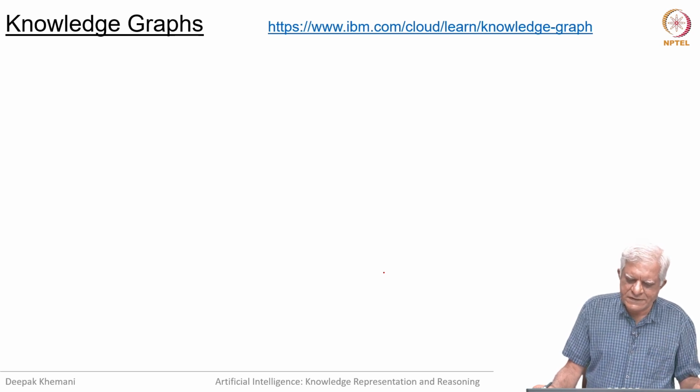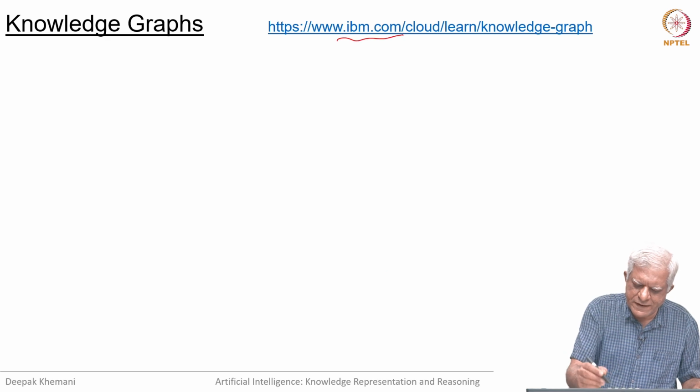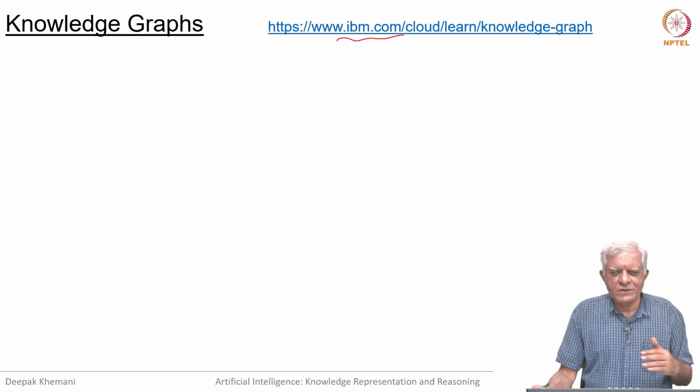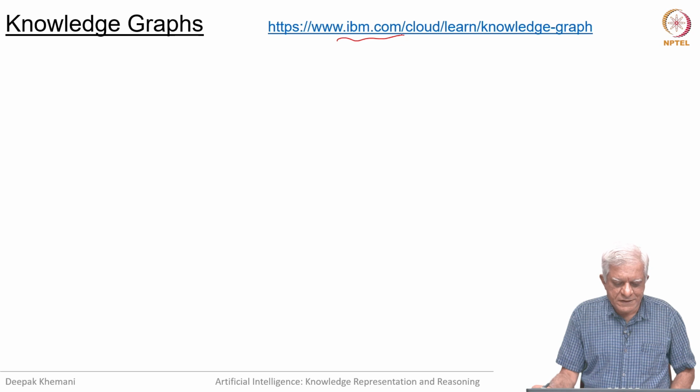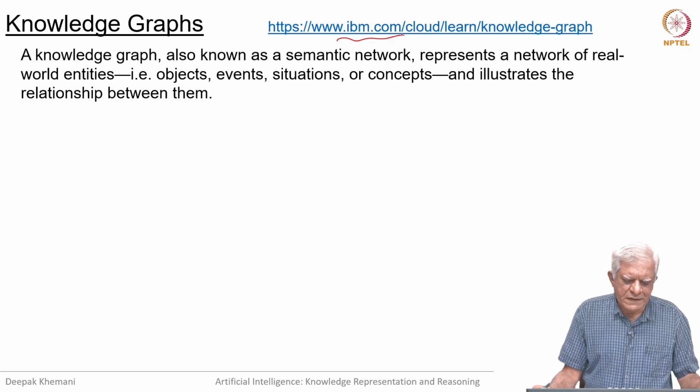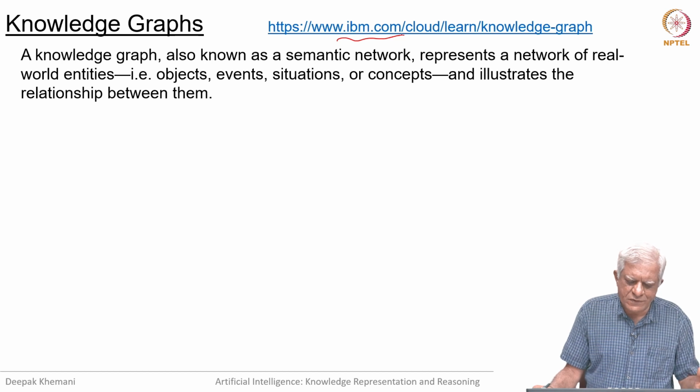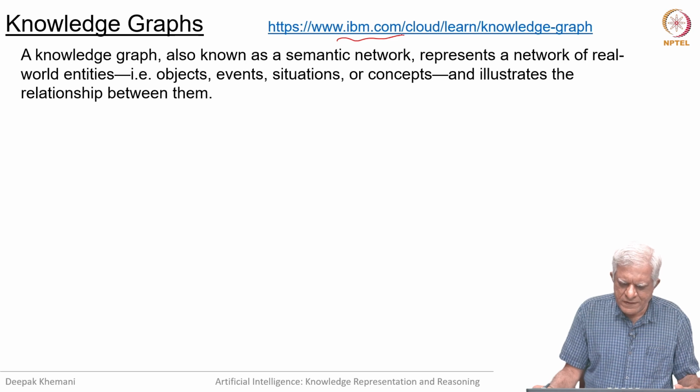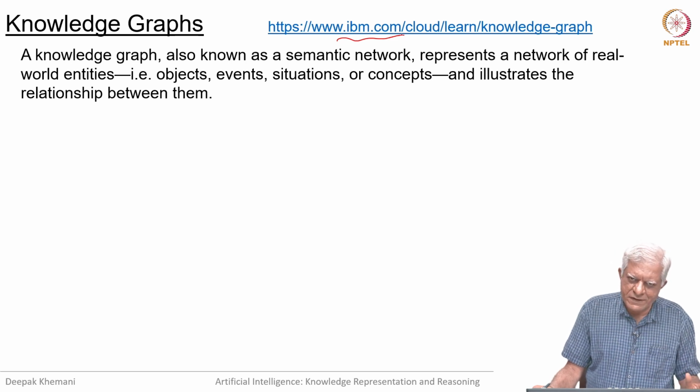So, here is another description of knowledge graph, this time from an IBM site, lest you think that it was only Google which was interested in this concept. There were many people and there was a lot of interesting work going on. This says a knowledge graph, also known as a semantic network, represents a network of real world entities, which are objects, events, situations or concepts, and illustrates the relations between them essentially.